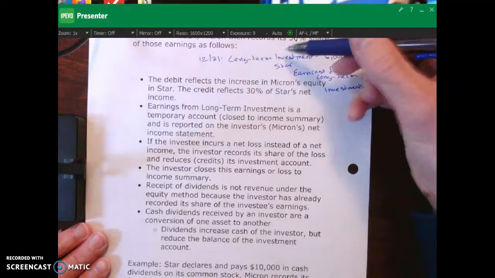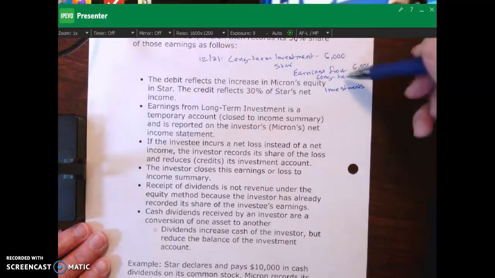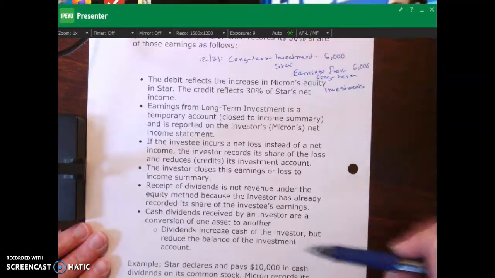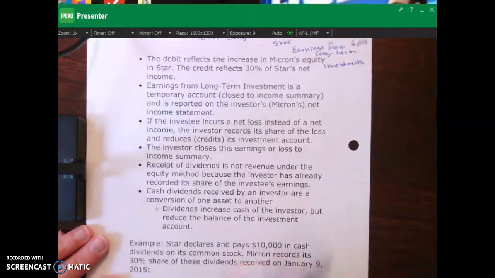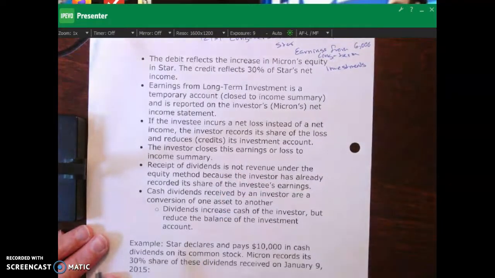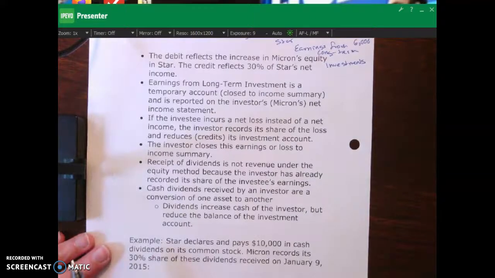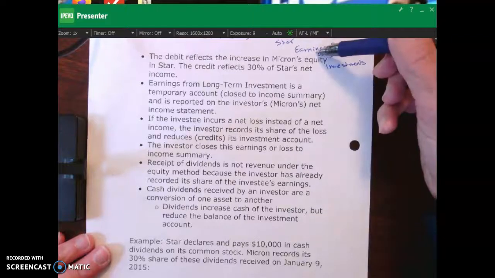So we would have loss from long-term investments, and then we would credit our long-term investment account. And that would also be closed out to income summary. Receipt of dividends would not be revenue, because the investor has already recorded its share of the investee's earnings right over here.